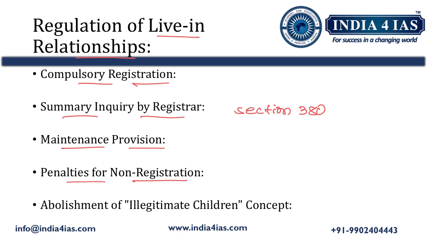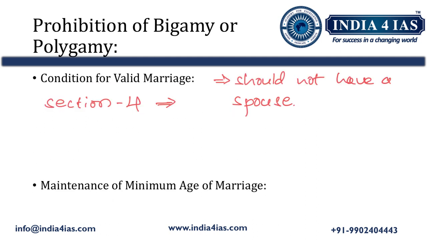The Uttarakhand Civil Code also abolishes the illegitimate child concept. The code extends legal recognition to children born to those who are in live-in relationships. The Uttarakhand Uniform Civil Code prohibits bigamy and polygamy.